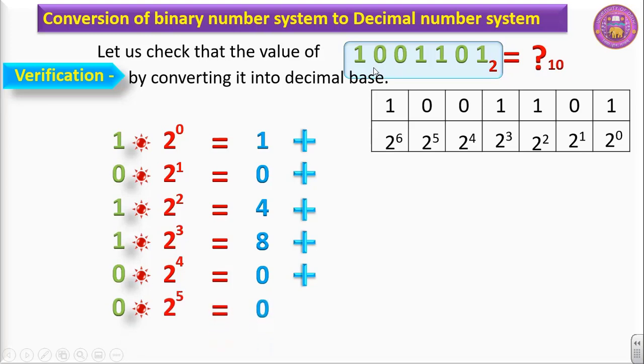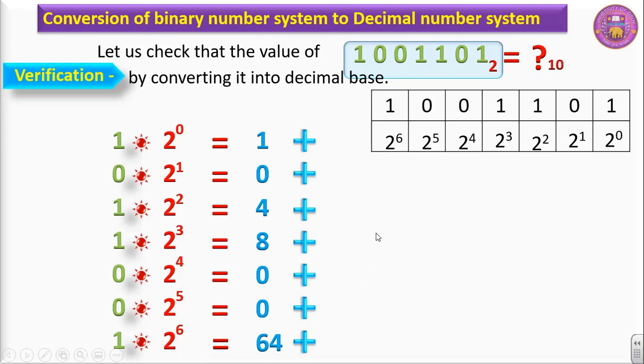It comes to 0. Now the last one is this one number. This is the digit multiplied by base raised to power. Digit is 1 multiplied by the base. Base is 2 and raised to power 6. This comes to 64.